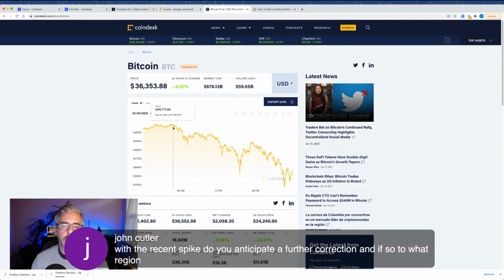You can see up here 40,900 US dollars, and we saw this huge correction in one day back down to 35, and then another correction down here testing at 34, and we saw it go all the way down lower than that. If you were not awake to take advantage of these buy points, then you missed out on opportunity.